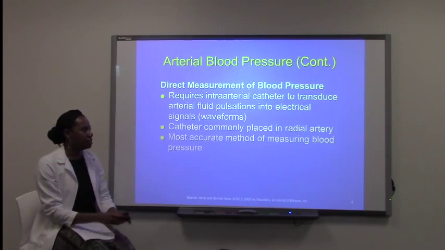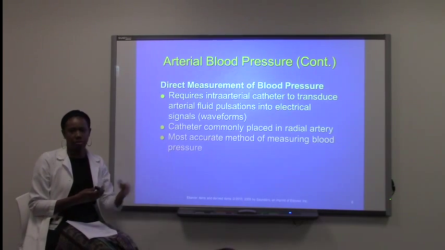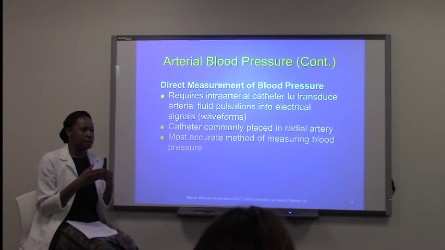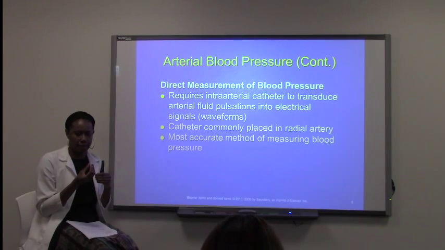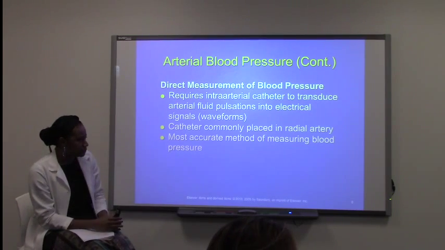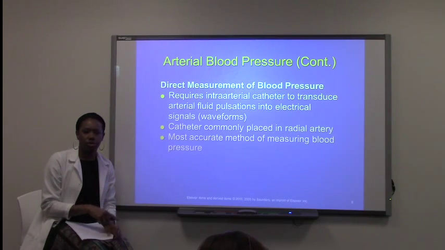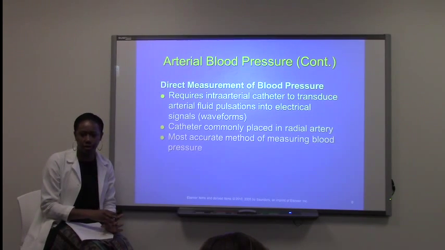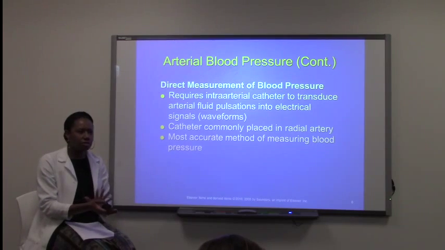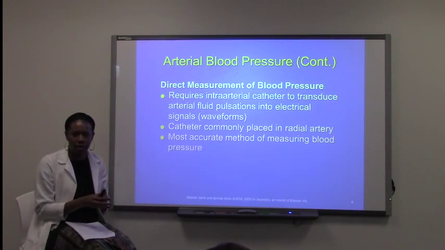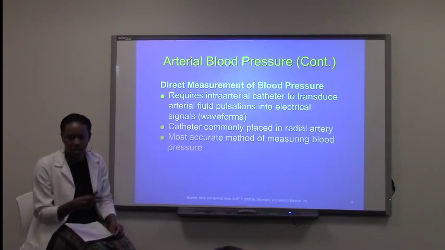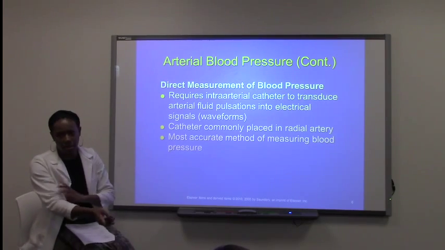And it will determine, and it's very accurate as you can imagine, the amount of pressure that's in that particular vessel. Why do they do this? They do this, from my understanding, in surgery and also in some critical care units, to monitor the blood pressure and make sure they get an accurate read, and I guess it's instantaneous, where the other one is not, okay.